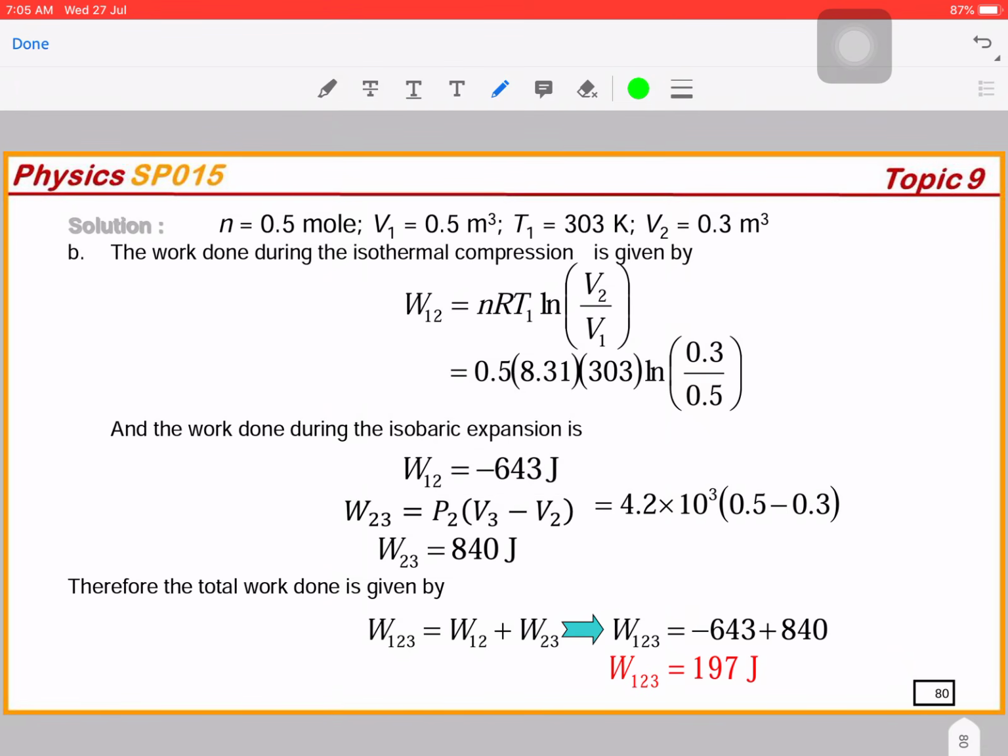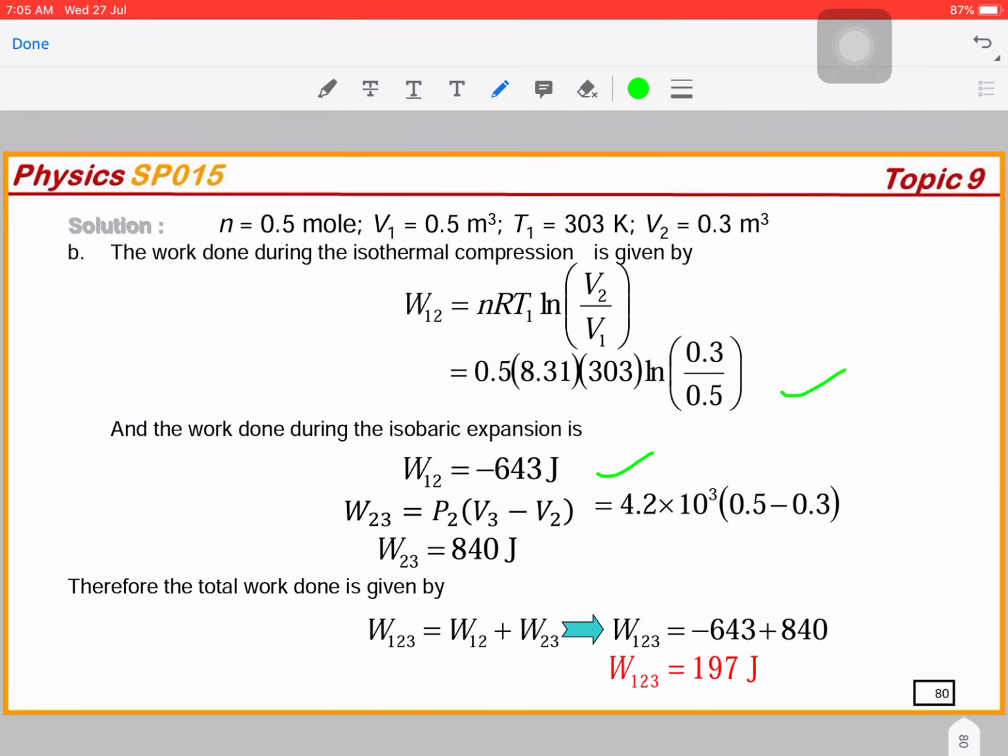And then B, the work done during the isothermal compression is given by W12 is equals to nRT1 ln V2 over V1. So you just substitute the values. You will get W12 is negative 643 joule. Kemudian, next you need to calculate W23, okay.